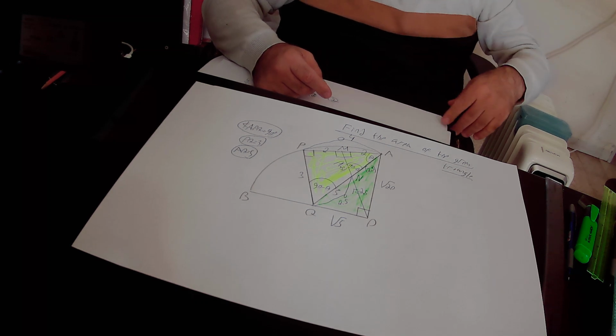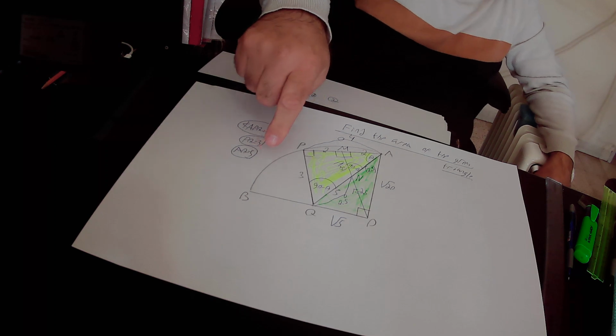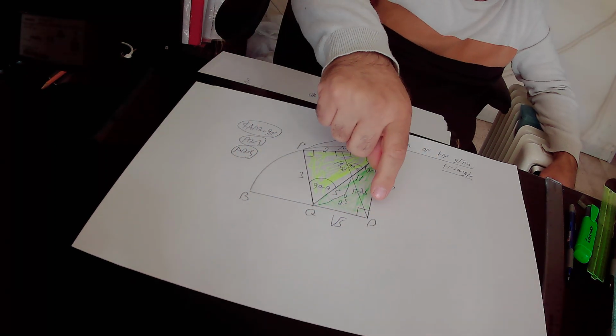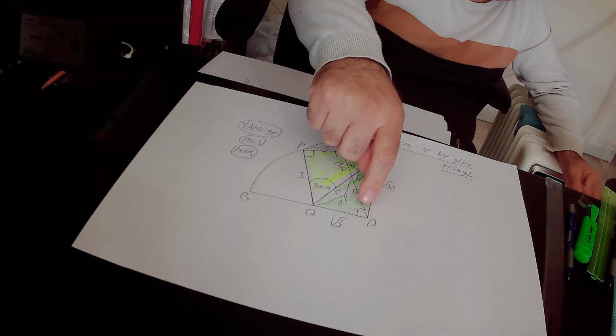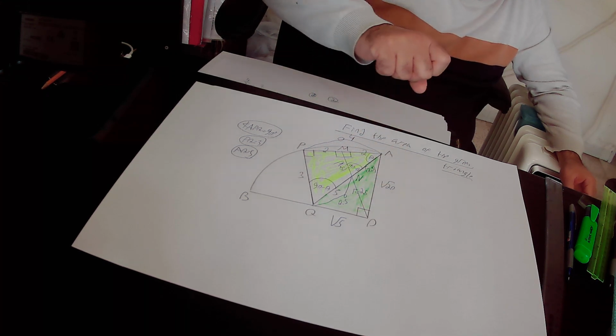So this AOB is a quarter circle. We can easily complete the quarter circle to a circle. Anyway, the point O will be the center of the circle.